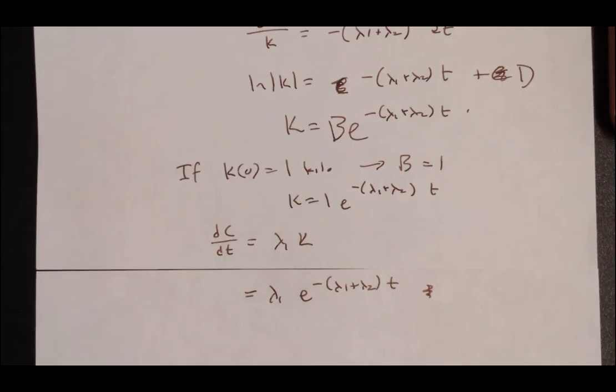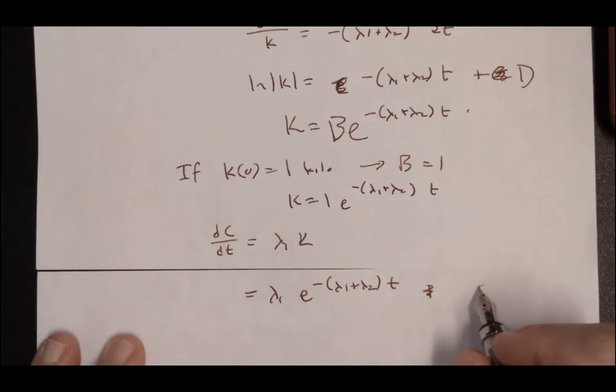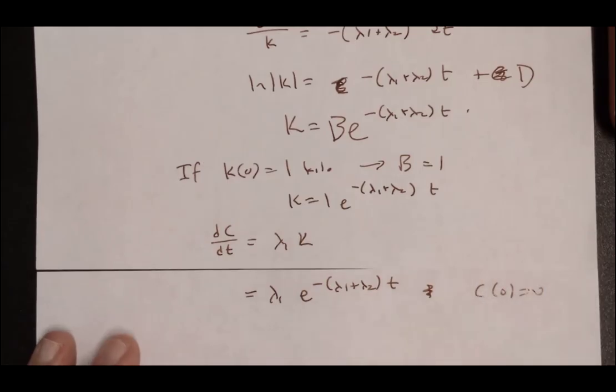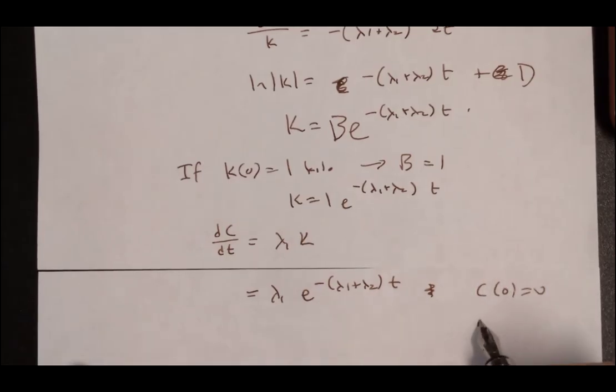When I said the problem, I said we started with potassium, but we didn't have any calcium and we didn't have any argon. So I know that C of 0 is 0. I know the same way that A of 0 is 0. But you can solve for C. You can solve for A the same way. Please do so. Tell me what you get.